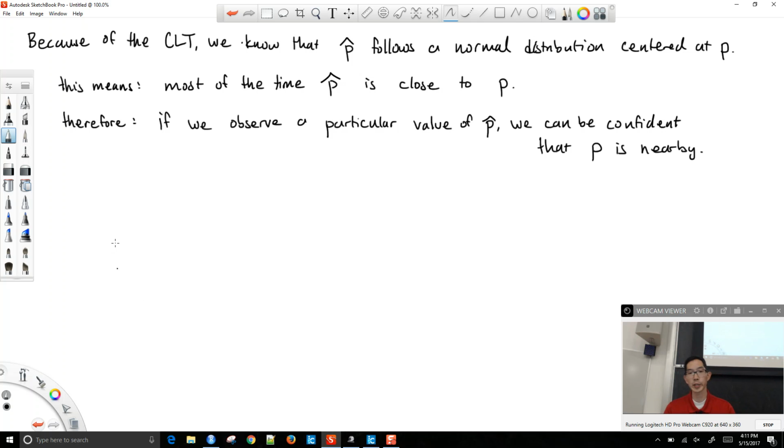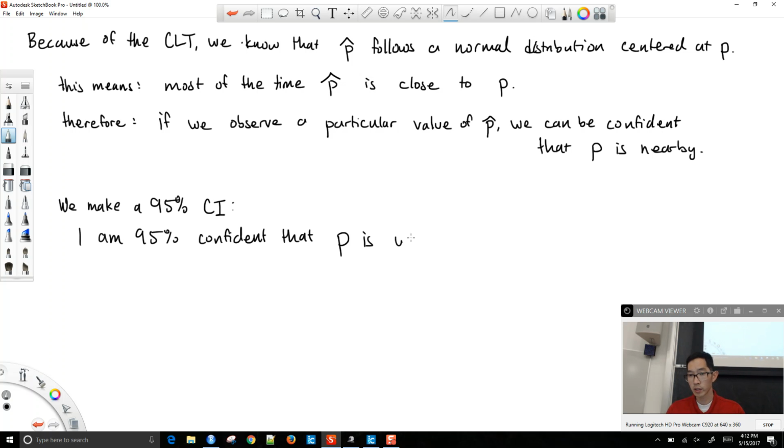Okay? And so if we make a 95% confidence interval, we can say something along the lines of, I am 95% confident that P is within, and I know when I first introduced the topic I said within 2 standard deviations of p hat, but what we're actually going to say is we're going to use the value 1.96, within 1.96 standard deviations of p hat, okay?